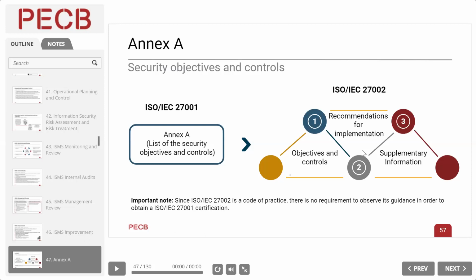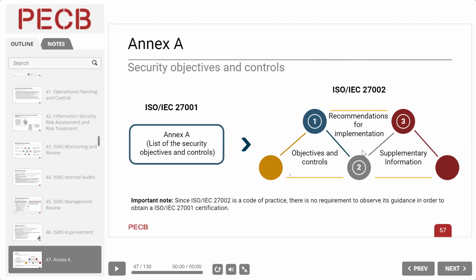They are listed in Annex A briefly, and they are in more detail in the document, the Code of Practice, which is 27002. So Annex A and 27002 are the same thing. It's just that the 27002 is far more detailed than the Annex A.